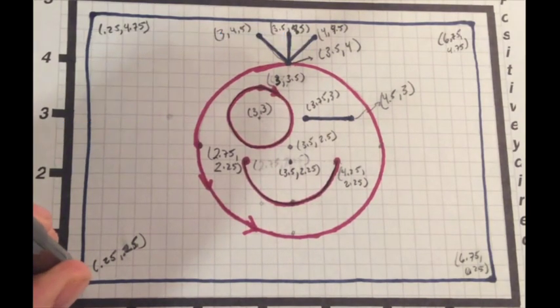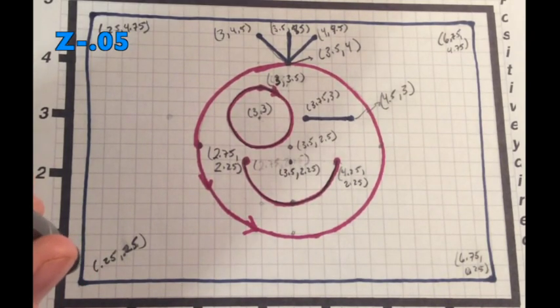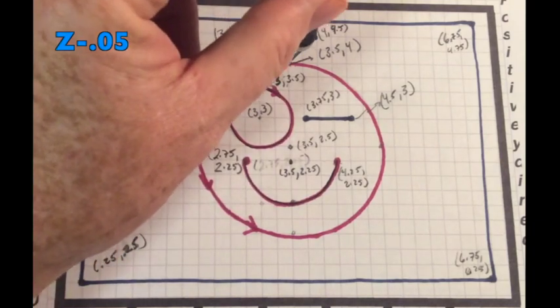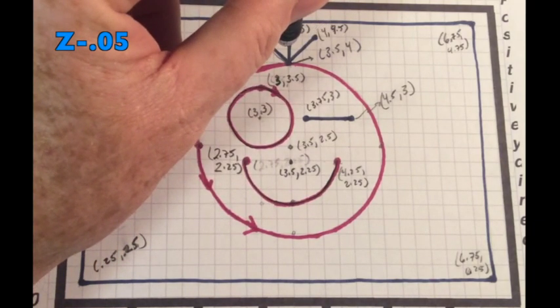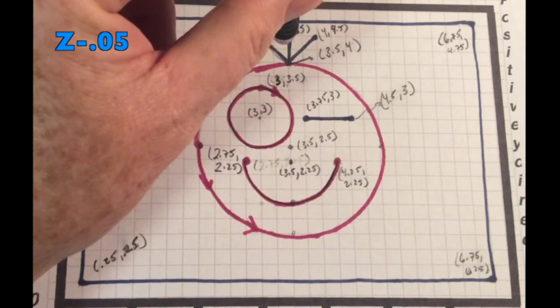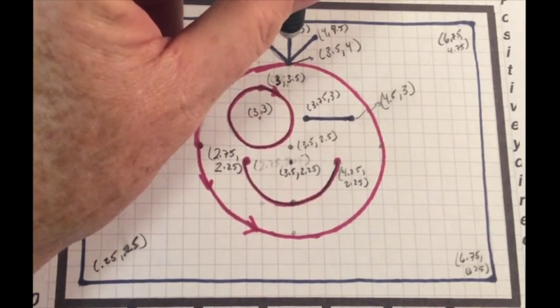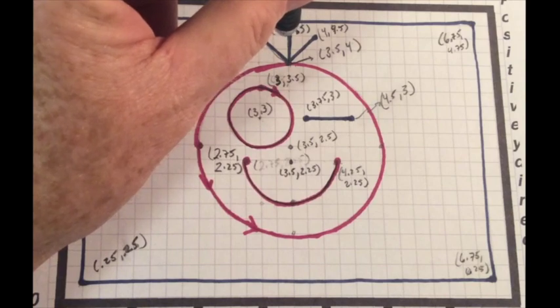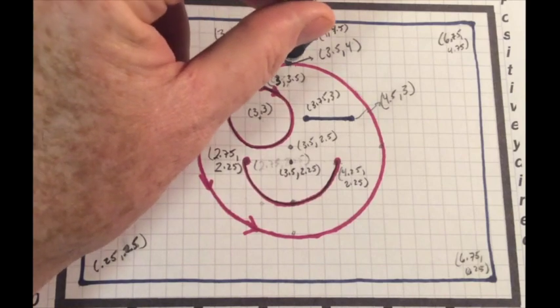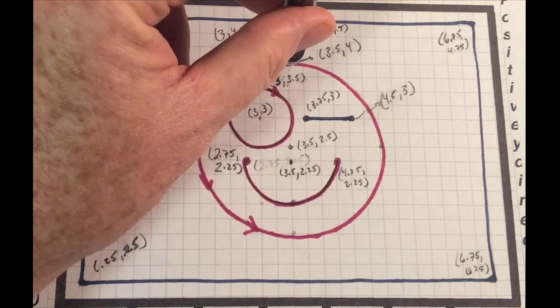Okay, so at this point, we'd lift it up, Z1, and then we're going to move it to the start of the circle, and we're going to start at this top part, and that is X 3.5 and Y 4. And then we would drop it down to Z minus 0.05.